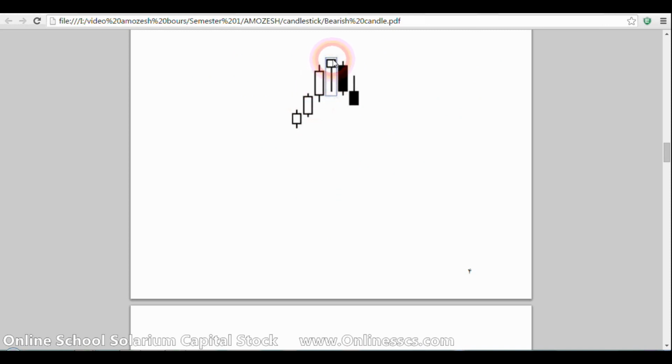Like here, it's at the top of the trend. This Hanging Man is going to be a downtrend. It's rare, we rarely have this Hanging Man, but if it gets created, the trend moves intensely.